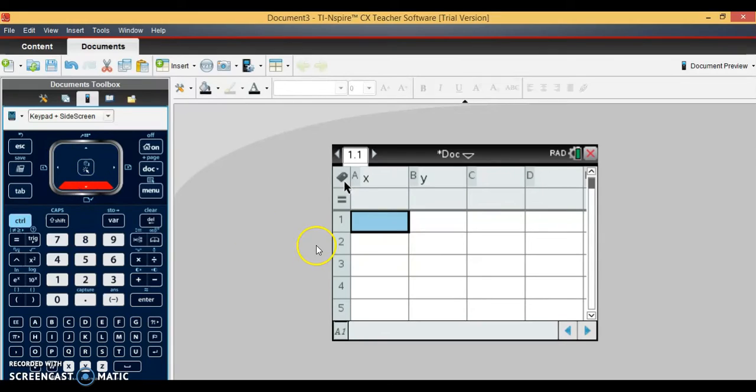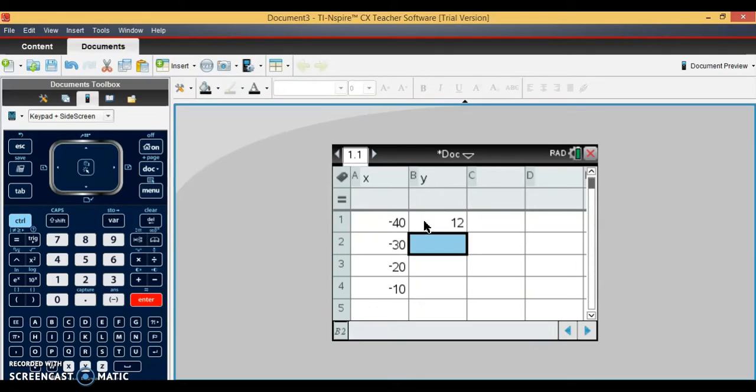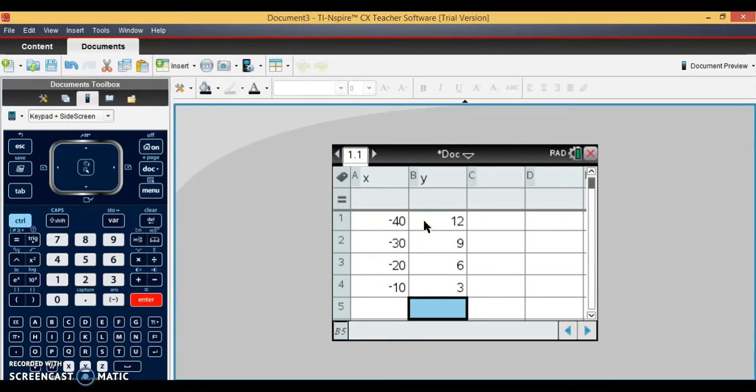Alright, once you're done, you're going to go back to the very first cell here and you're going to start typing in the numbers from the table. We're going to use the same example we used for example 1. Remember, you can always pause the video to get everything done before you continue watching this.